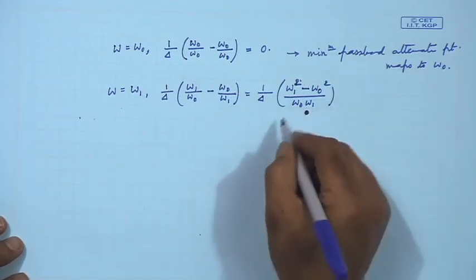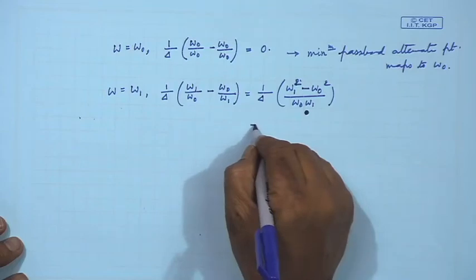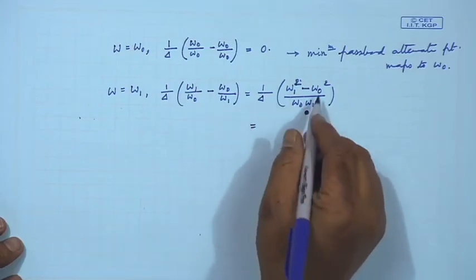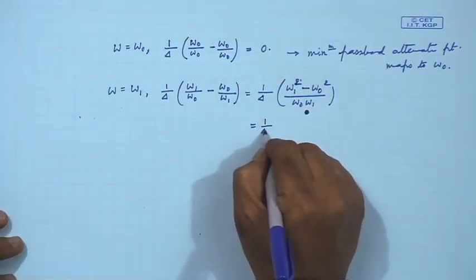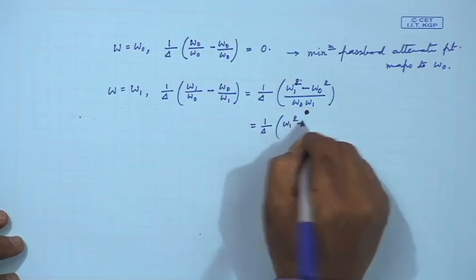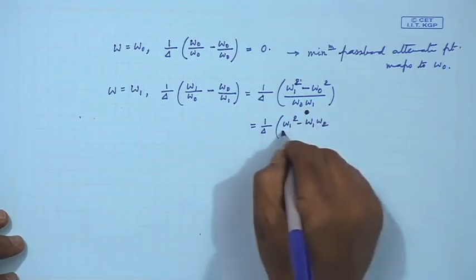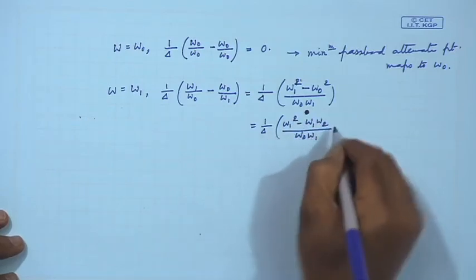Then you can find out what omega naught square is. You see, already we have put this. So, 1 by delta, omega 1 square minus omega 1 omega 2, by omega naught omega 1.